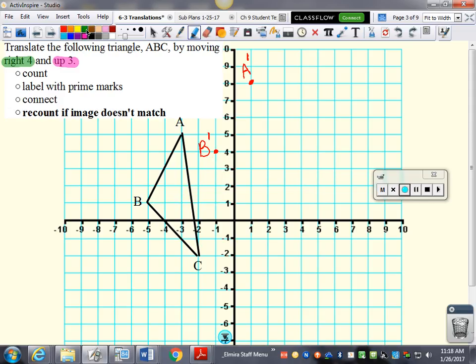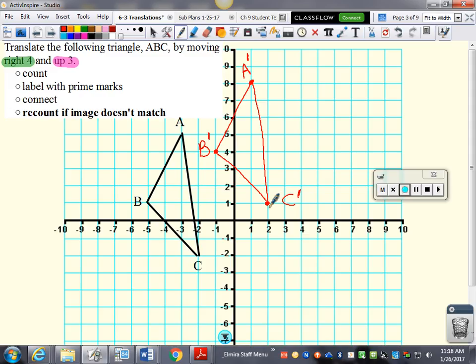We're going to do the exact same thing on C. 1, 2, 3, 4 to the right, and 1, 2, 3 up, and we're going to call that C prime. Once I have all of my dots, and you do not have to do that highlighting I just did, you can just count them out. Once you have all the dots, you connect them, and the triangle you make should look exactly the same as your original.